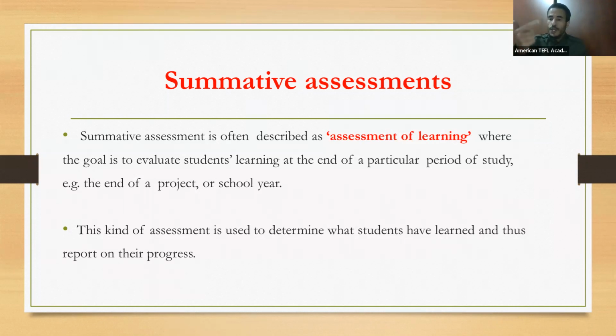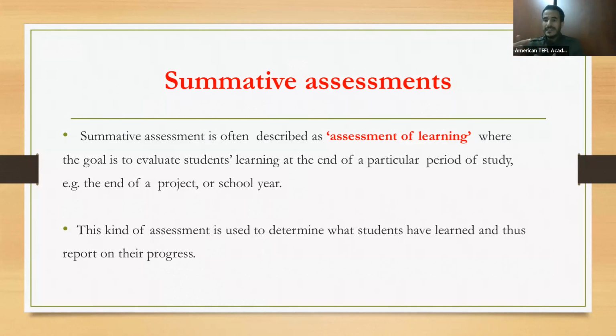When you teach Unit 1, Unit 2, or Unit 3, students must be tested. And here you give them a test. So this test is at the end of the course or at the end of the 3 units. This kind of assessment is used to determine what students have learned and thus report on their progress.